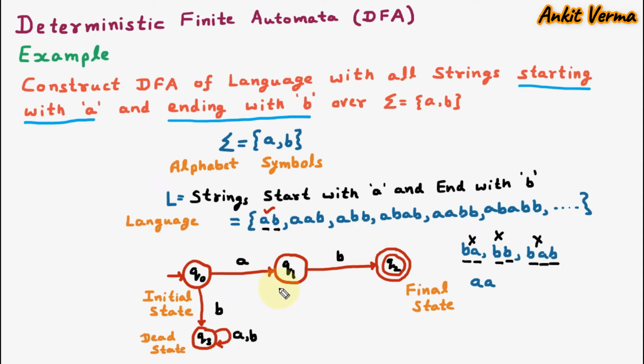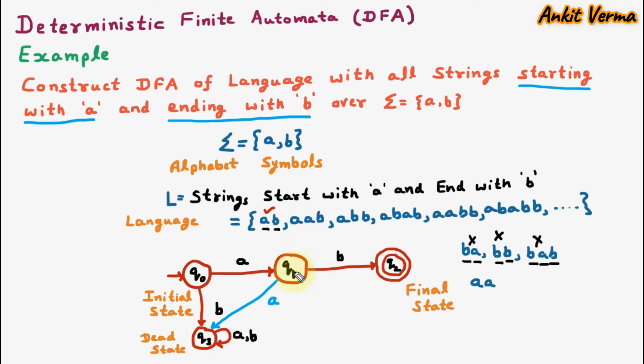There is one more possibility: we are on Q1 and if A is coming, we go to Q3. To check this, let us try the string AAB on this DFA. We know that AAB is part of the language because it starts with A and ends with B. When the first A is coming, from Q0 we go to Q1.